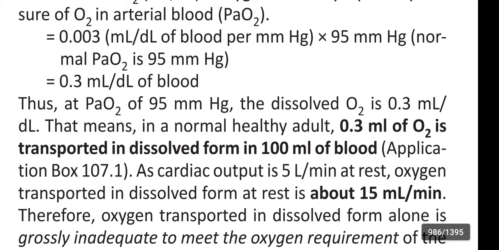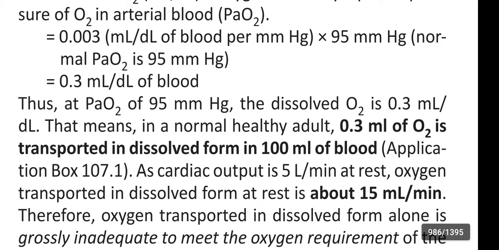Remember this point: in a normal healthy adult, 0.3 ml of oxygen is transported in dissolved form in 100 ml of blood.